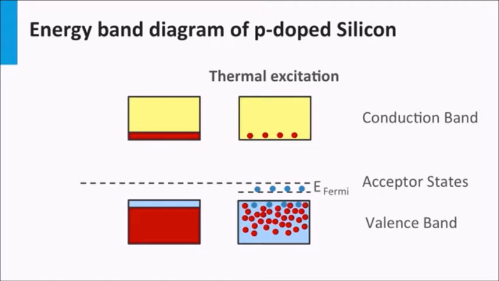For silicon at room temperature, many electrons of the valence band can be excited to the acceptor states. As a result, we have more free mobile holes than mobile electrons in a p-type semiconductor. The electrons are the minority charge carriers, the holes are the majority charge carriers. As the holes are the majority charge carriers, the Fermi level will be closer to the valence band than to the conduction band.